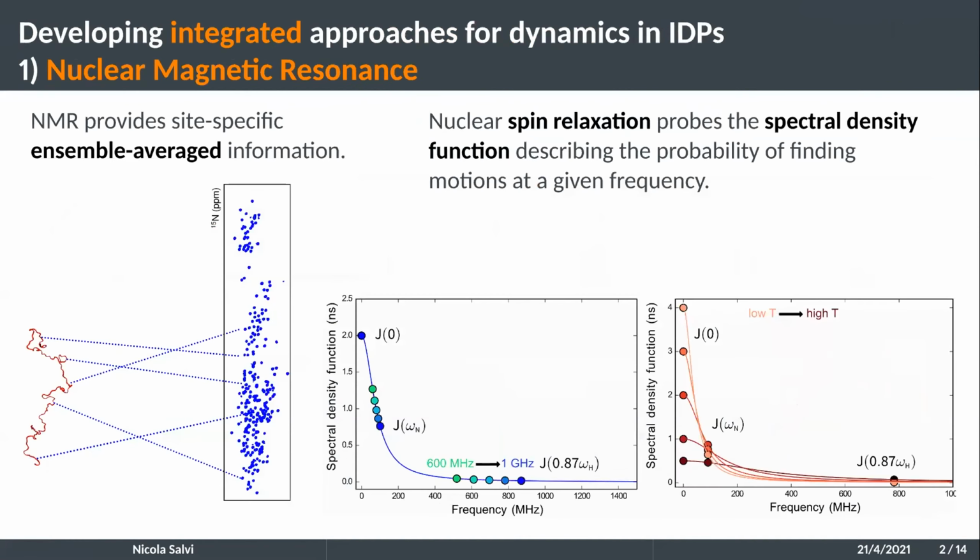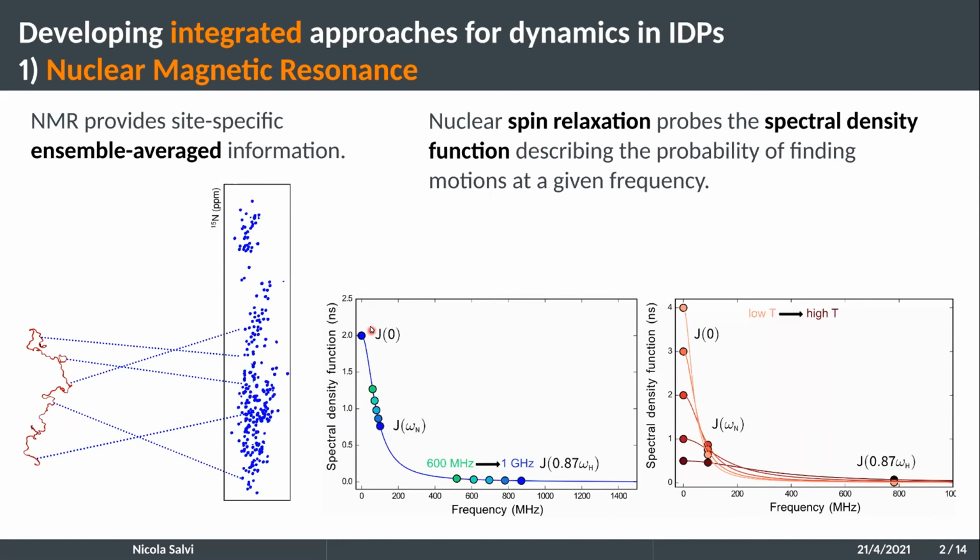And to do so, because we participate in this seminar series, the best experimental technique is by far NMR, because IDPs give very beautiful spectra, very sharp lines, in which each peak reports on ensemble-averaged information. And in particular, if you are interested in picosecond to nanosecond dynamics, what you want to measure is spin relaxation.